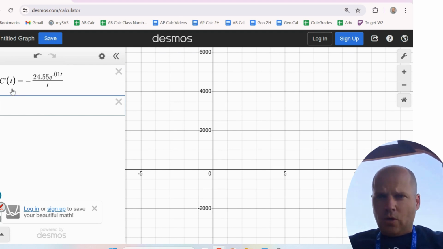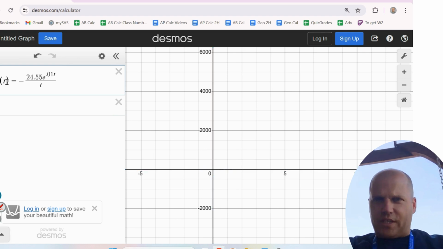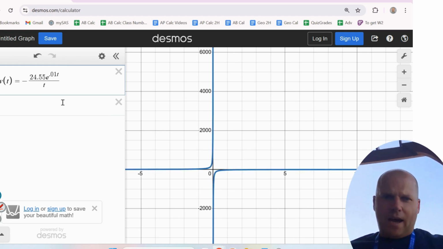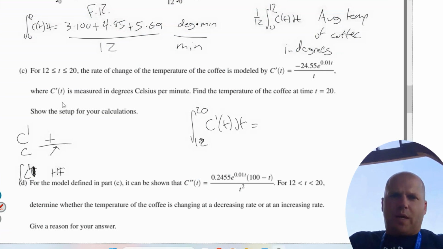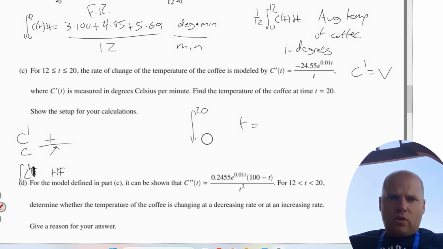Doesn't like it. What you need to do is say C prime's a V. Now you'll be able to see it. Now you'll be able to accumulate it. So for the purposes of using Desmos, graph it as V.